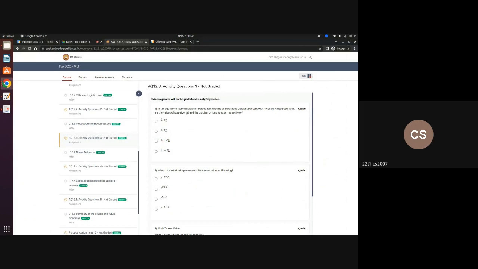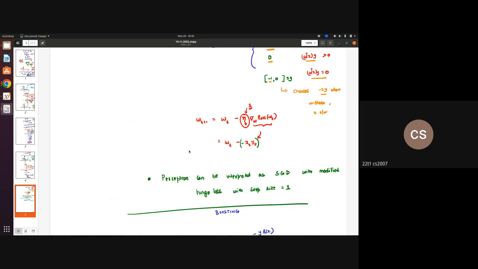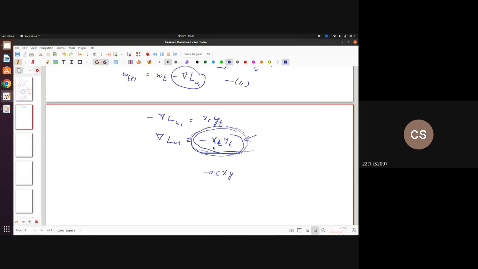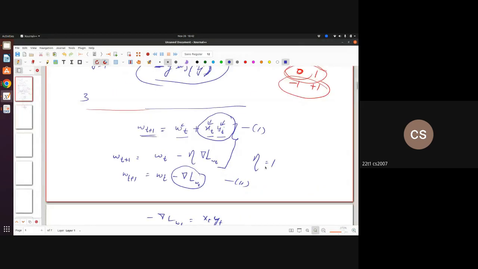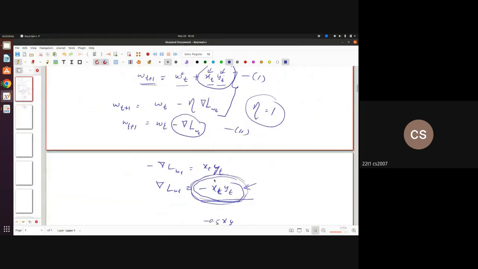What are the values of step size eta and the gradient of loss function? We just saw that we are taking eta to be 1, and that's how we reached here.